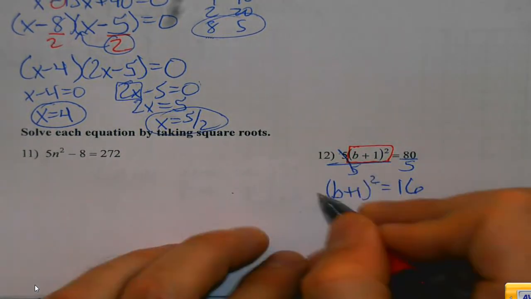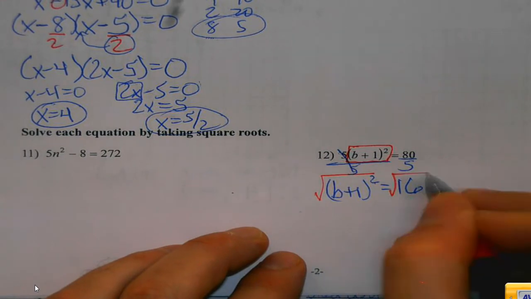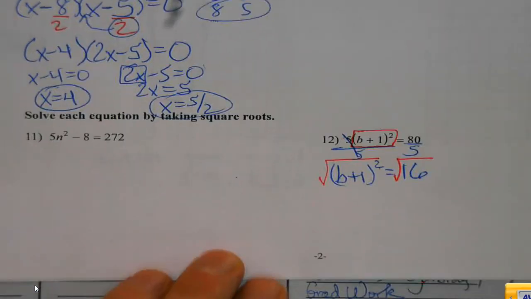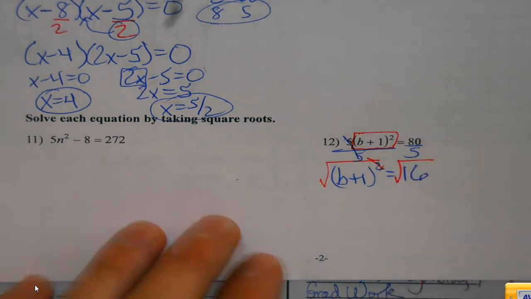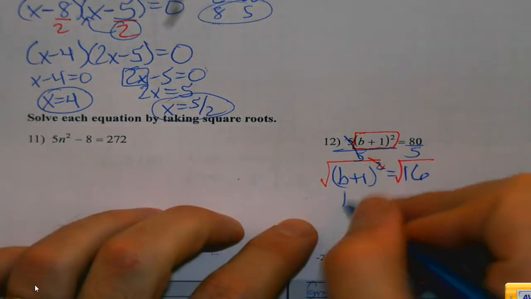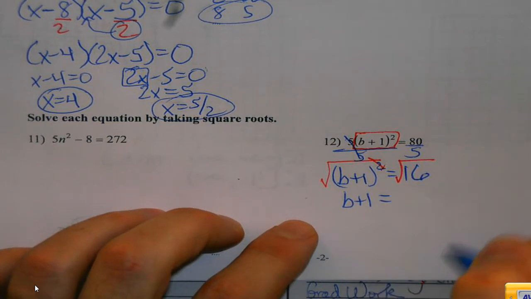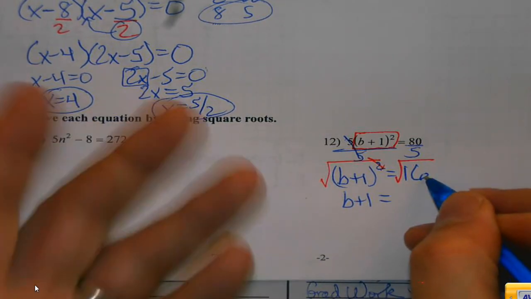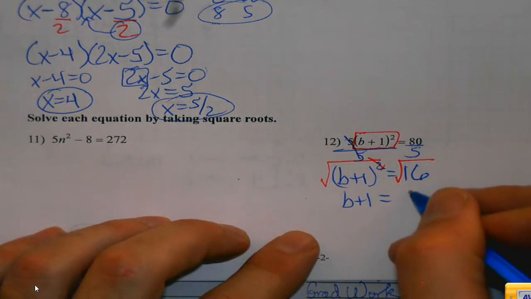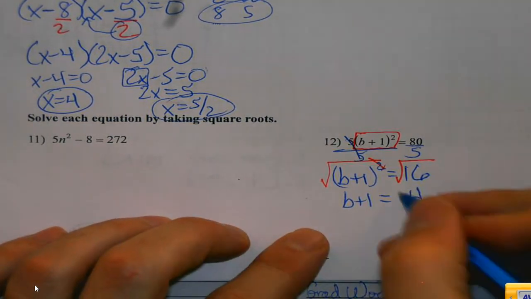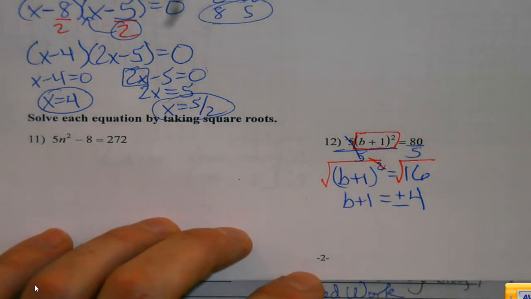This is the one time when doing the square root before the last step is the correct way to do it. Squared and square root would cancel, just leaving me with the b plus 1. Square root of 16, again, happens to be a perfect square here. If it wasn't, I'd attempt to break it down. We'll be doing some breakdown here in a minute. And I got to remember my plus minus.